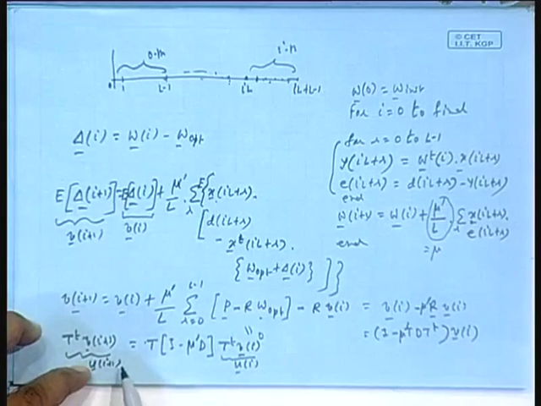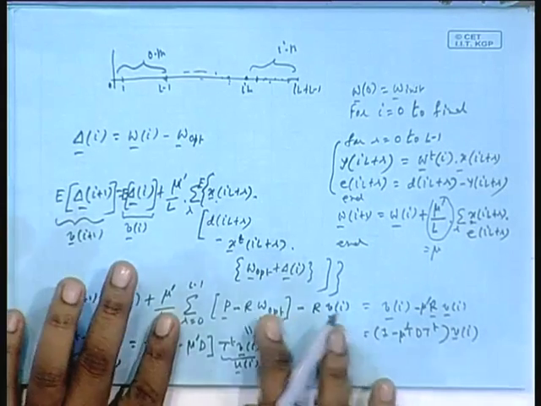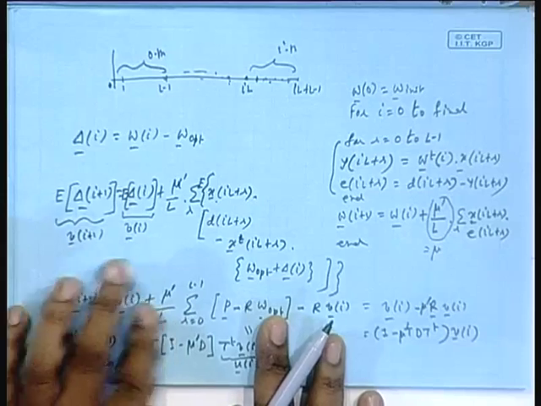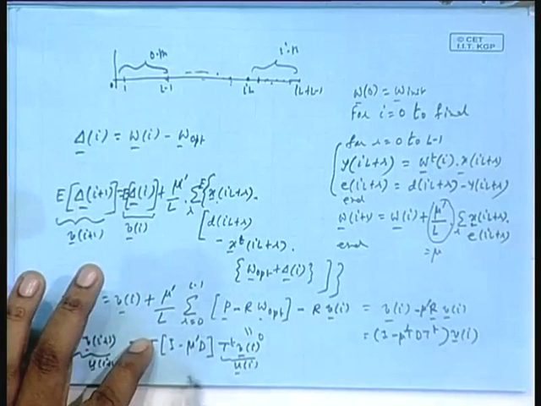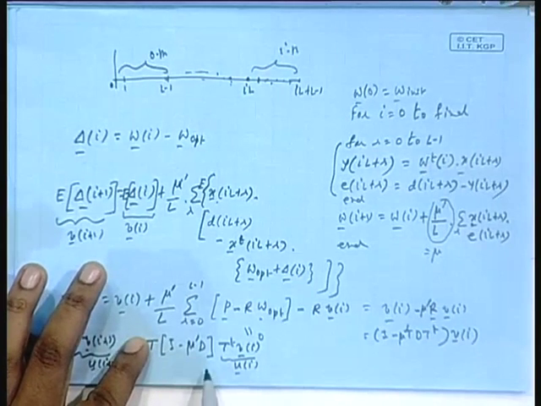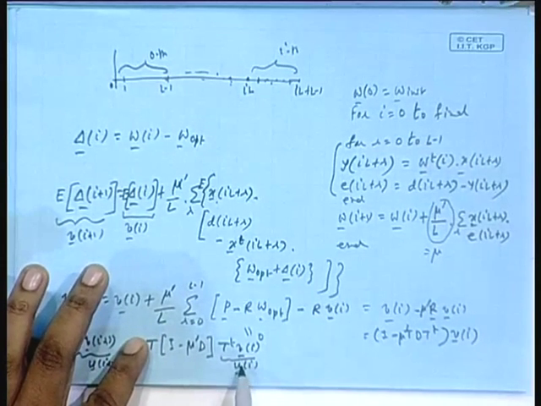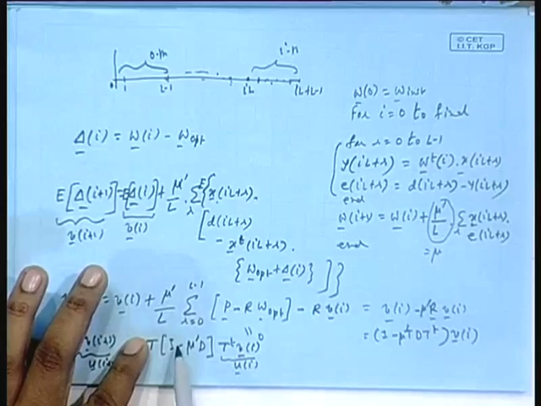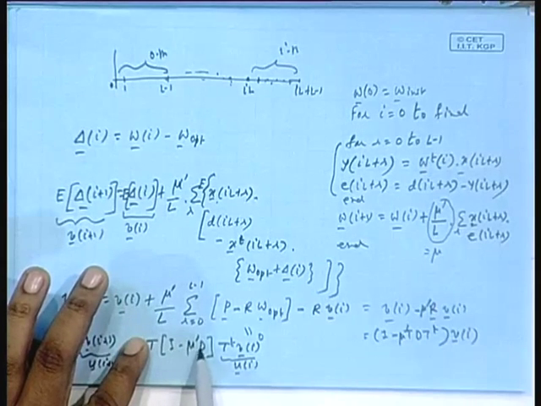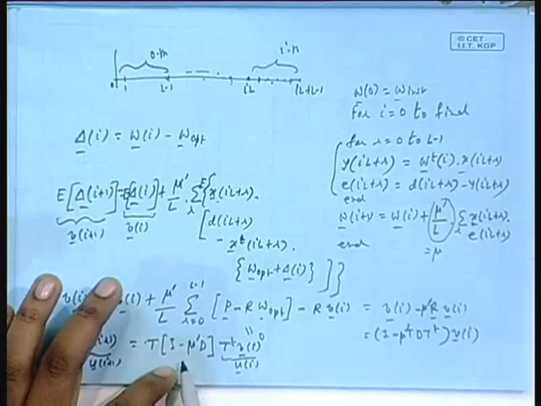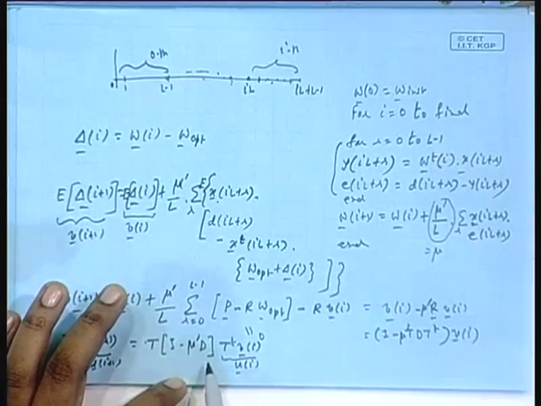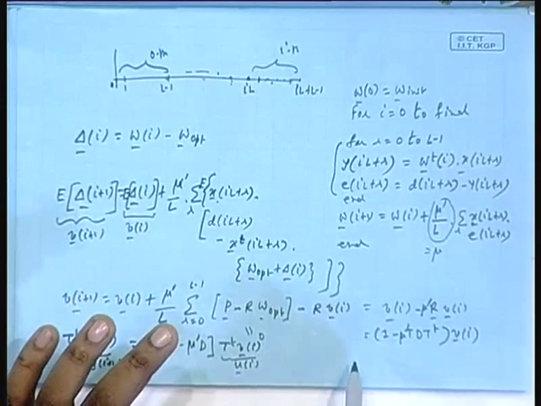But what is the norm square of this? Because T is unitary, the norm square of that part, you evaluate this diagonal matrix, will be the first component squared times (1 minus mu prime lambda 0) whole square, plus the second component squared times (1 minus mu prime lambda 1) squared, and so on.